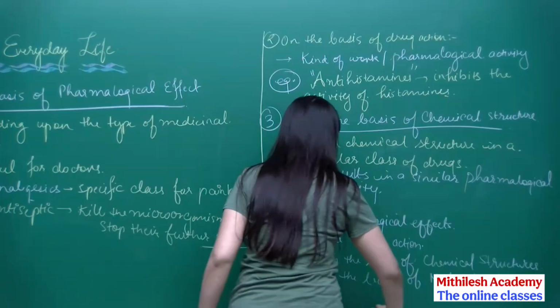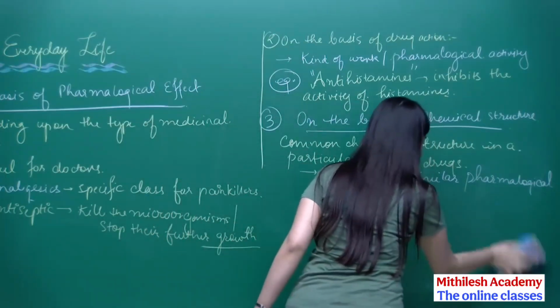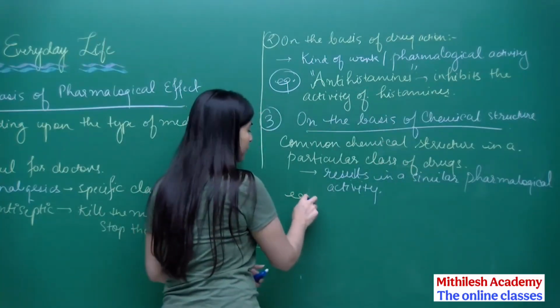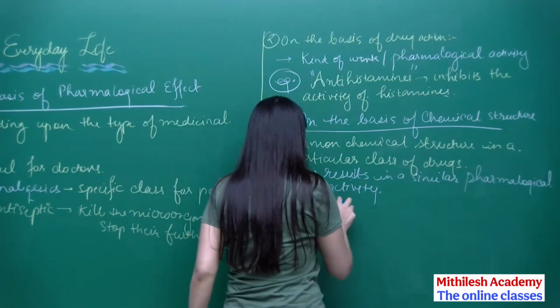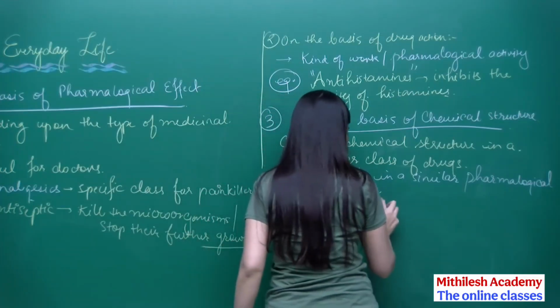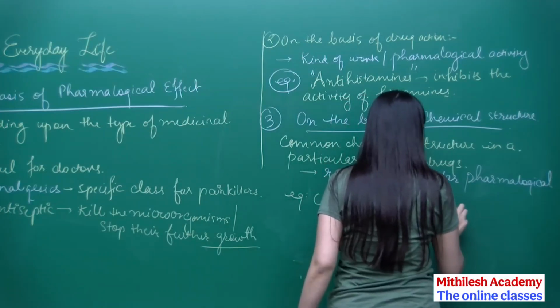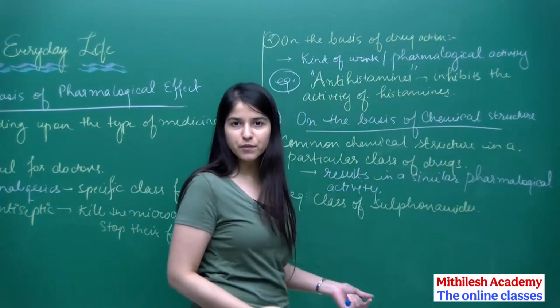So over here, what I have is an example of sulfonamides. I've got a class of sulfonamides having similar kinds of chemical structures. What kind of chemical structure?